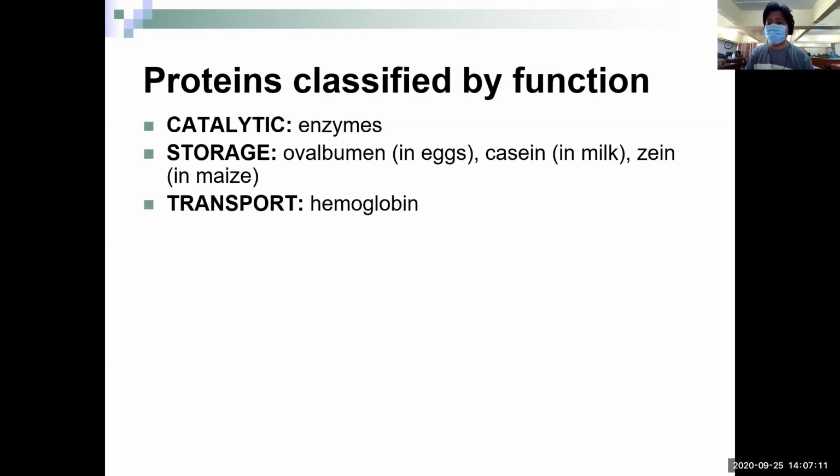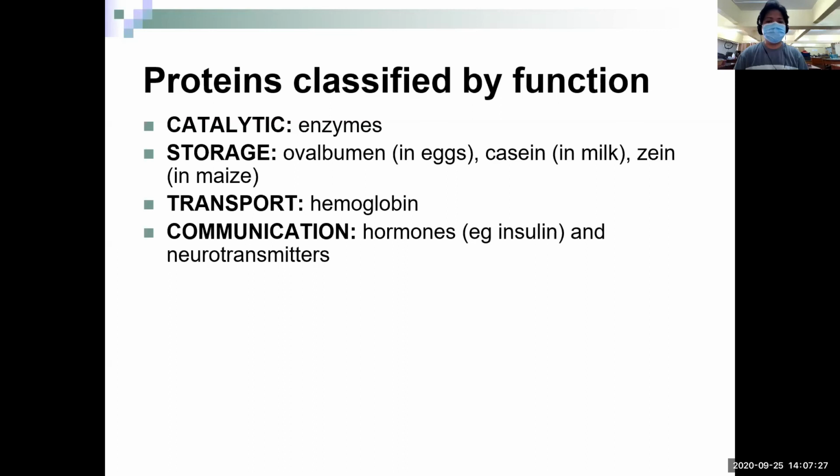We have also transport proteins. An example of a transport protein is hemoglobin, which can transfer oxygen from the lungs to the other parts of our body, and as well as carbon dioxide. We have also communication proteins, or proteins that can do communication. So one example of that protein is hormone.